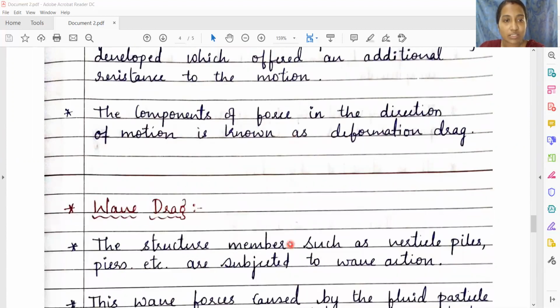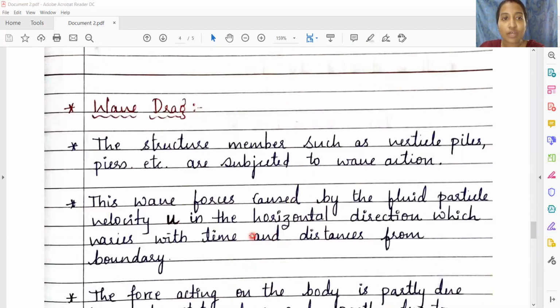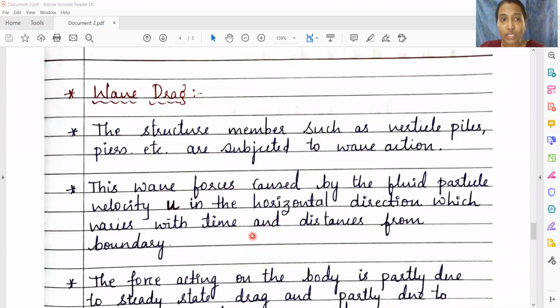Next, coming to wave drag. Wave drag can be applied in the foundation of vertical piles and piers, etc. Why does this wave drag happen? It is due to the horizontal direction of the velocity.